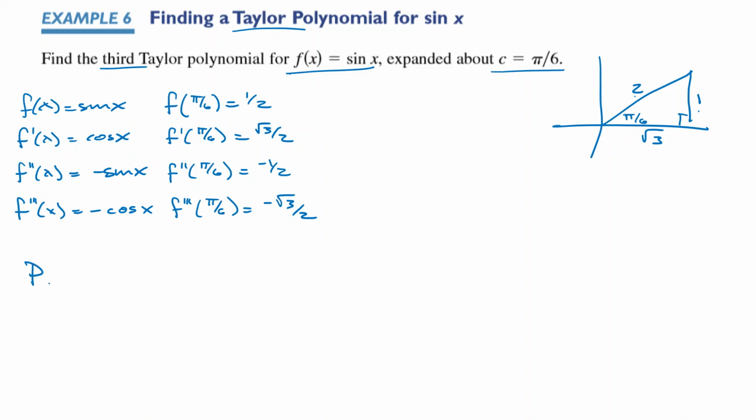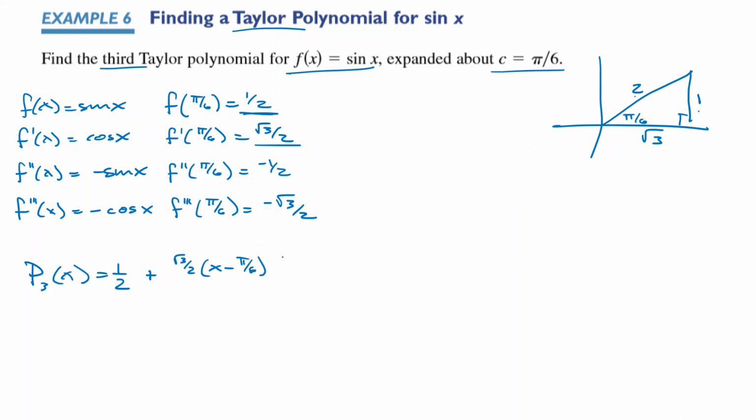So our polynomial of degree 3 for x starts with this guy, 1/2, and it'd be x minus c to the 0 over 0 factorial, so we don't need to write that, plus square root of 3 over 2, x minus c, which is pi over 6, to the 1st over 1 factorial.